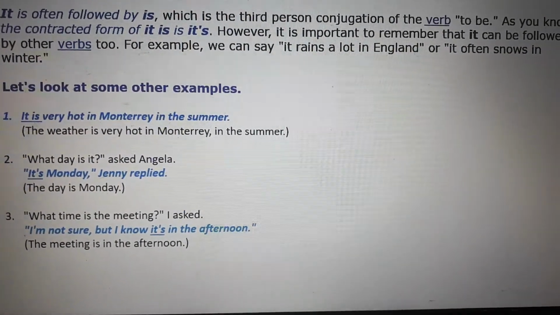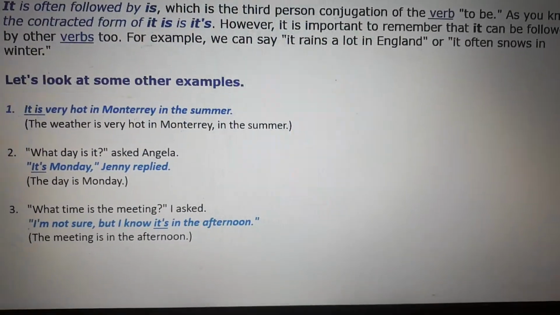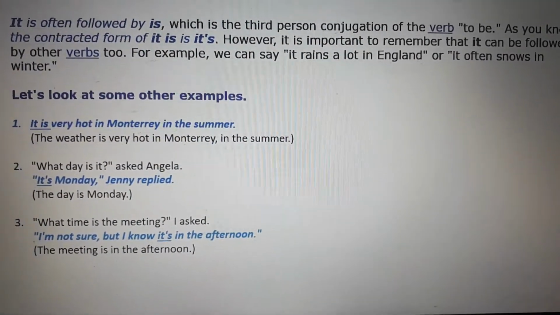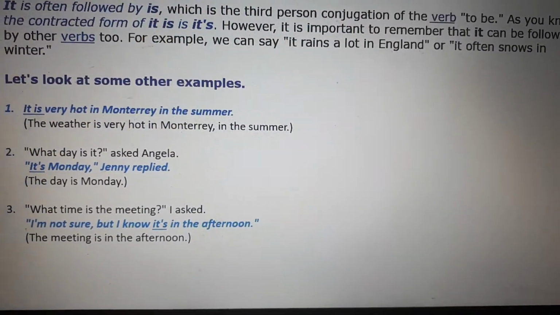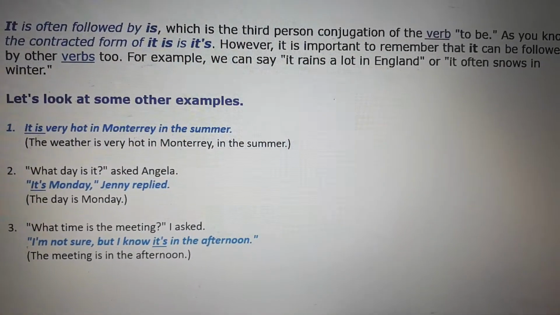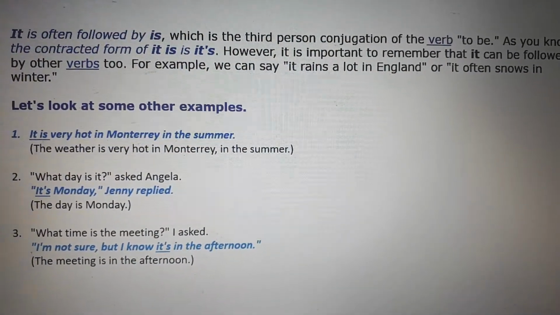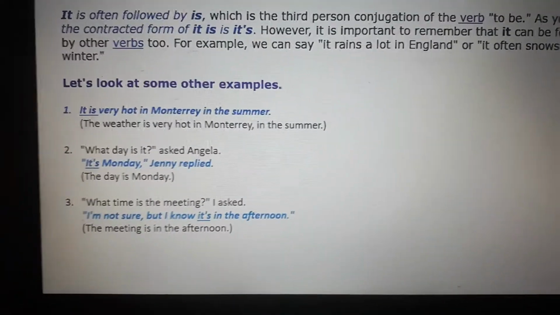Asked Angela. It's Monday, Jenny replied. It's the same as saying the day is Monday. Because something is implied, ya está implicado, ya está dado por hecho. What time is the meeting? I asked. I'm not sure, but I know it's in the afternoon. The meeting is in the afternoon. So it's the same information.